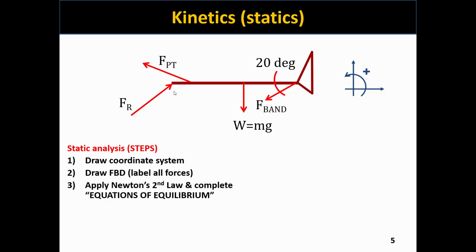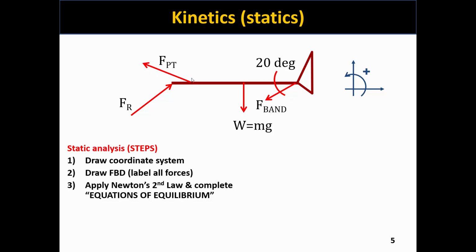Now it's important to note here that the reaction force, we don't know at this point if it's the correct magnitude or the correct direction as I've drawn here. FR will be dependent upon the combined effect of all three of these other forces.